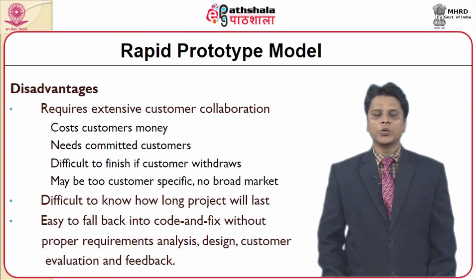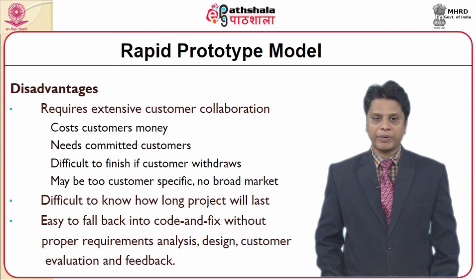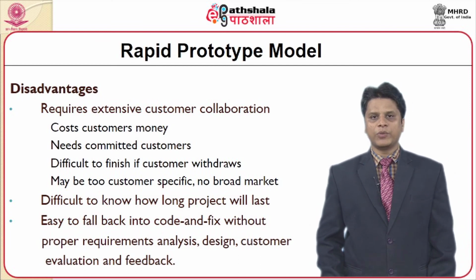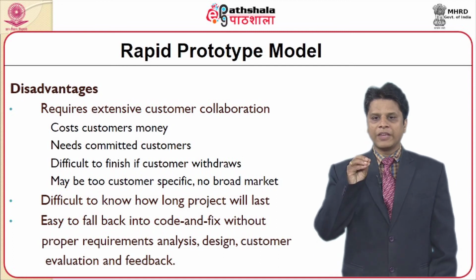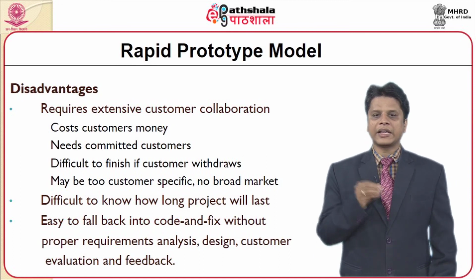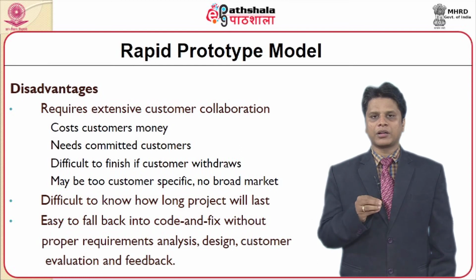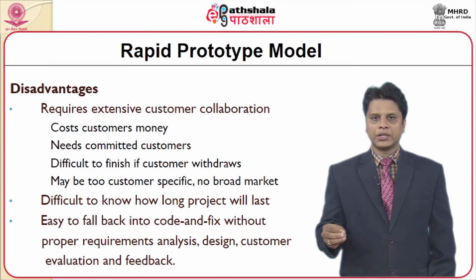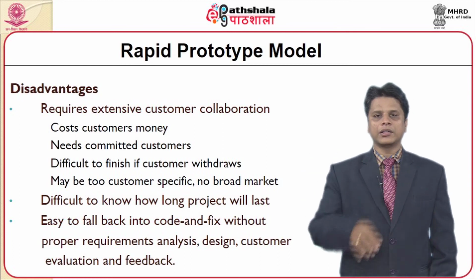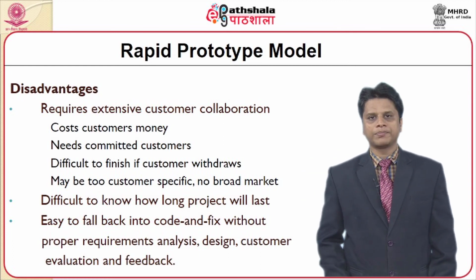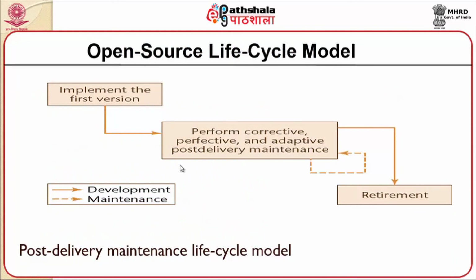It is easy to fall into code and fix without proper requirement analysis, design, customer evaluation and feedback. So if you remove requirement analysis, design and customer evaluation from this structure of rapid prototype, it is obviously something like the code and fix model. So as an alternate, what else could be done? It's not just an alternate, it is just an extension.